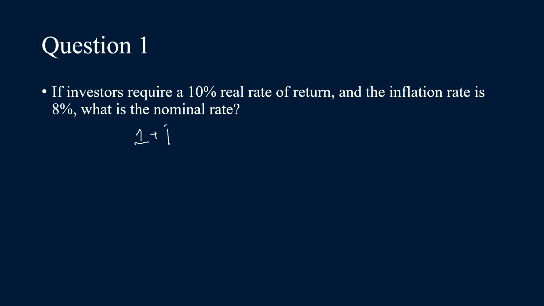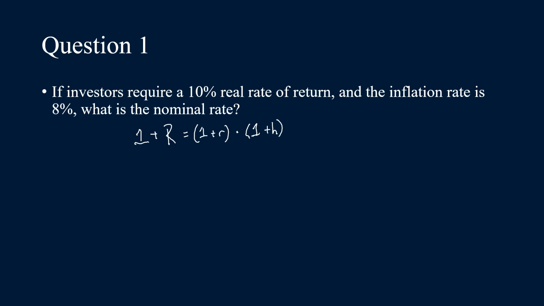Okay, so let's start off by writing our formula. 1 plus R equals 1 plus little r times 1 plus h.